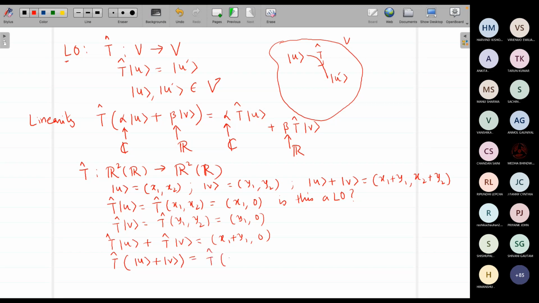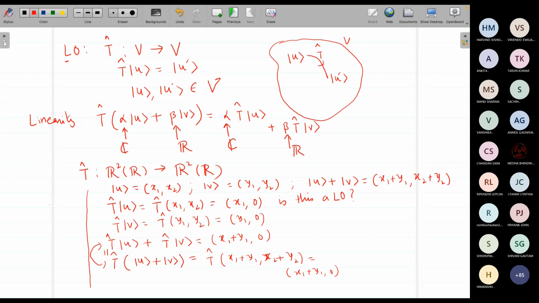So T acting on (x1 plus y1, x2 plus y2). What will be the result here? When I apply T on this structure, I get (x1 plus y1, 0), and if you compare the two, they are equal, right?